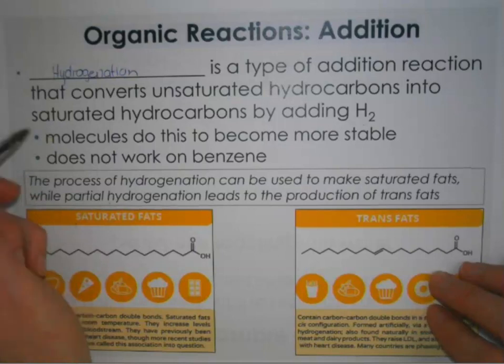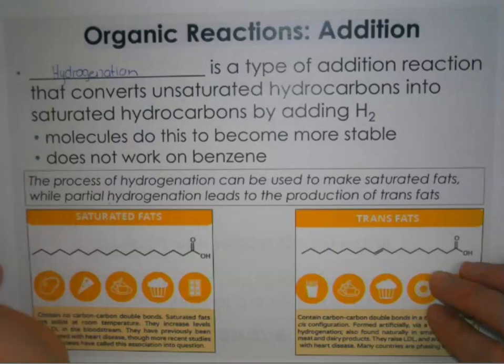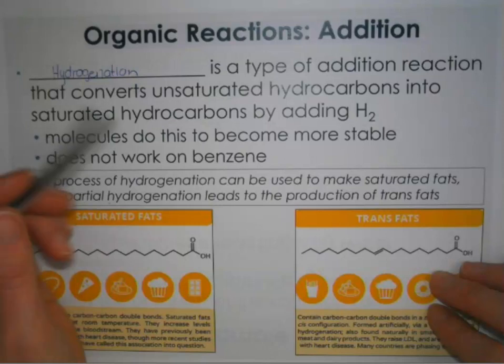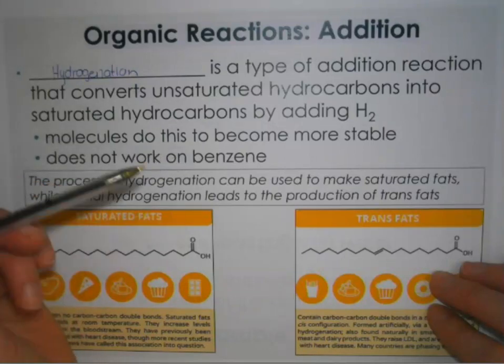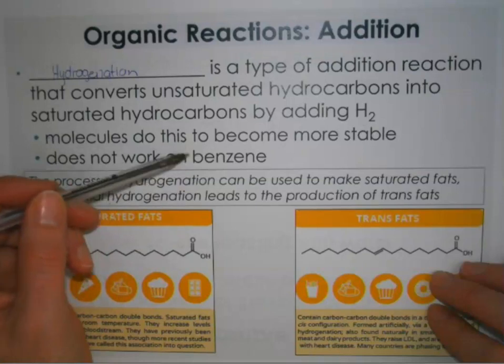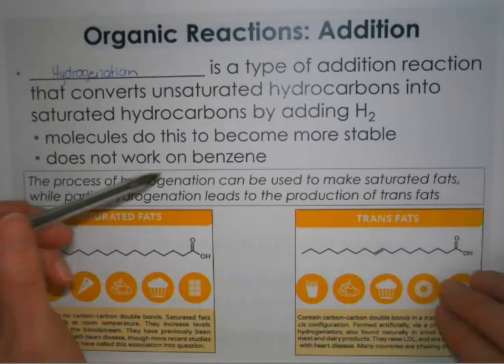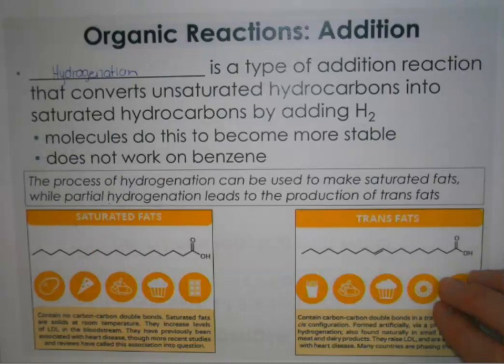Remember that an alkane is more stable than an alkene, so they can achieve this. The only thing you have to keep in mind is it does not work on benzene. Despite the fact that benzene has those double bonds, it is very stable because of the unusual way the electron configuration works in it. So it's not affected in this way.